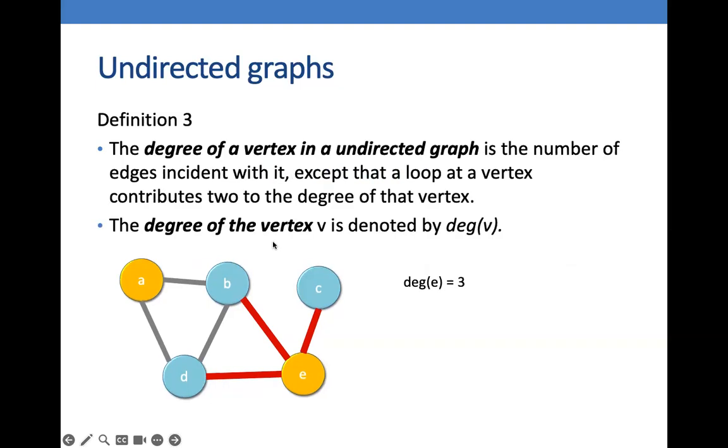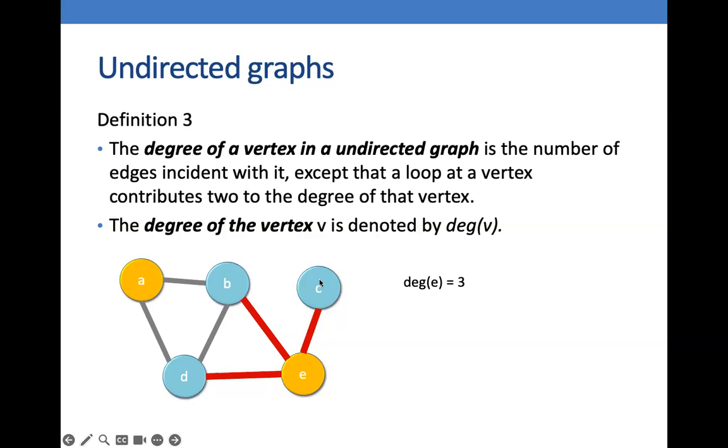Okay, now let's move on to another definition. The degree of a vertex in an undirected graph is the number of edges that are incident with it, except that a loop at the vertex contributes twice to the degree of the vertex. The degree of the vertex V is denoted by deg(V). Okay, so let's look at the same example.